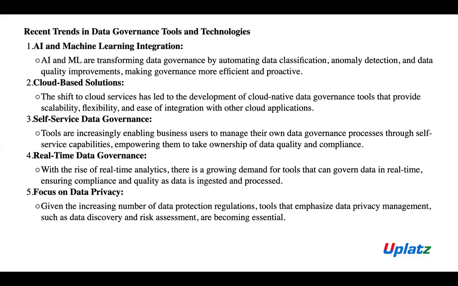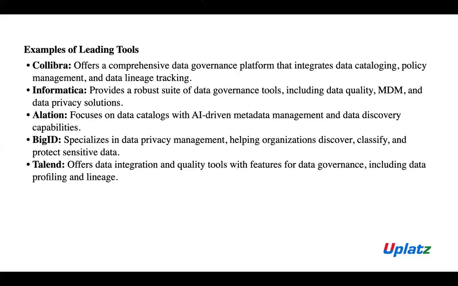Some of the leading tools used in this field are Collibra, which offers a comprehensive data governance platform that integrates data cataloging, policy management, and data lineage tracking. Informatica, which provides a robust suite of data governance tools, including data quality, MDM, and data privacy solutions.